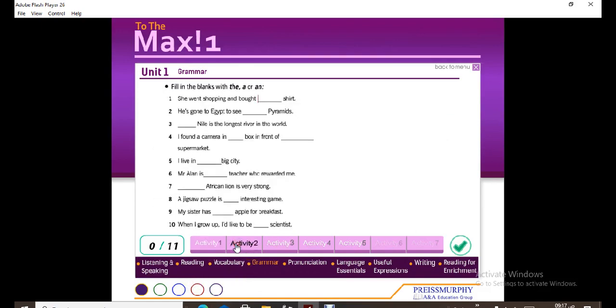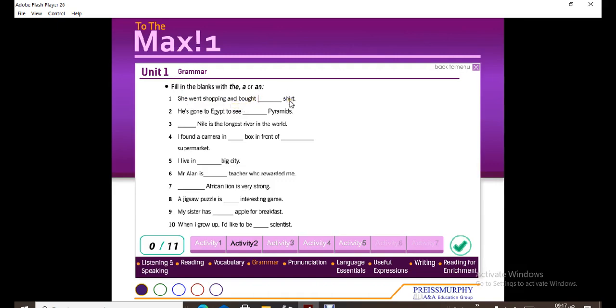Now let me go to the second exercise. Number 1, fill in the blanks with the, a, or an. Let me start. She went shopping and bought a shirt.